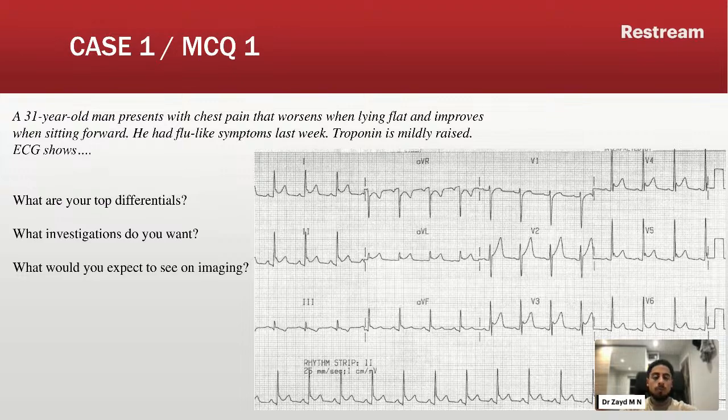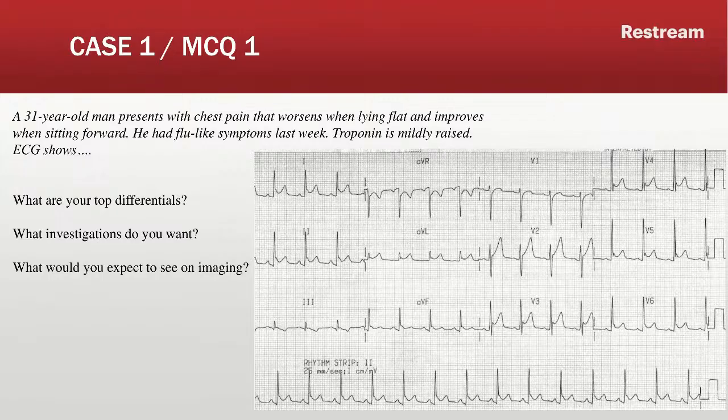And if you look below, this is what the ECG shows. You can have a look at the ECG. I want you to tell me what your top differentials are, what investigations you want, and what you would expect to see on the imaging.